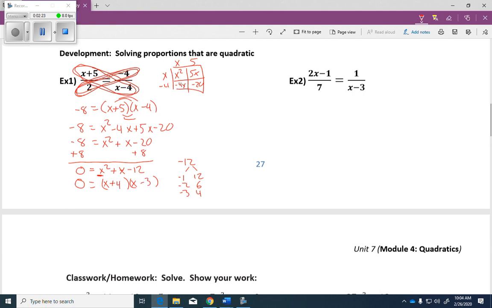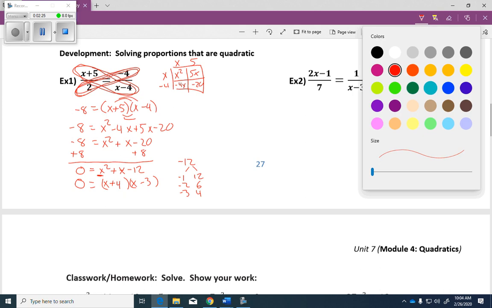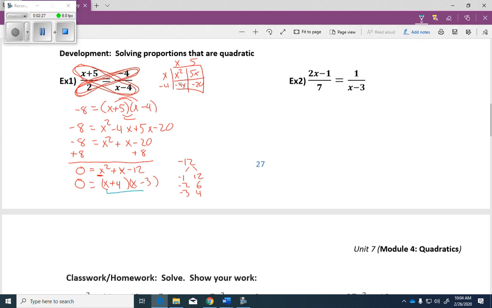You can check it by looking at your outers and inners, and these outers are -3x, while the inners are positive 4x, and that combines to be a positive 1x, which is what I had here. So it's definitely factored correctly.